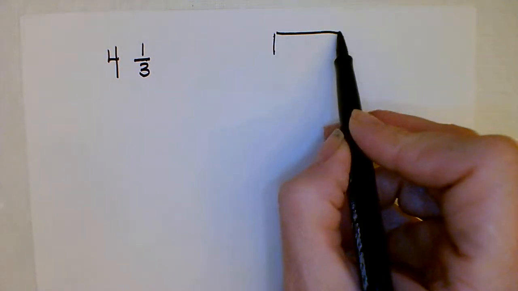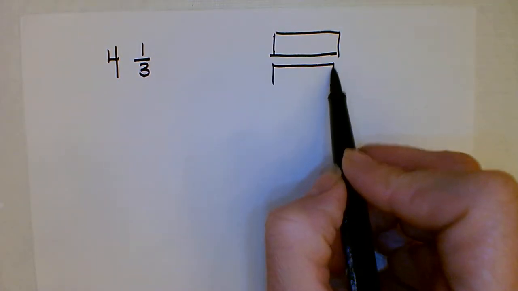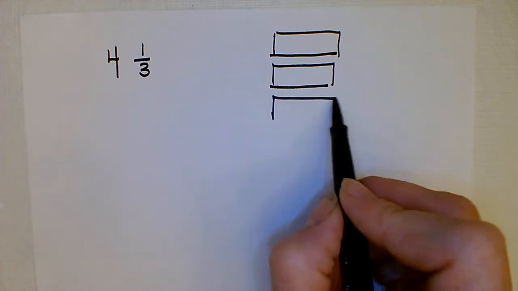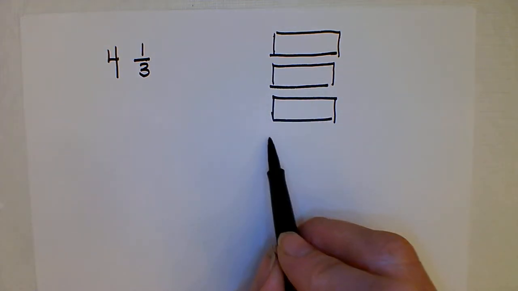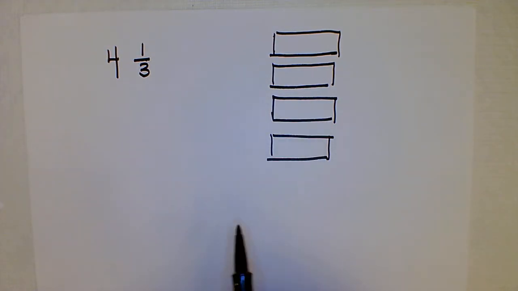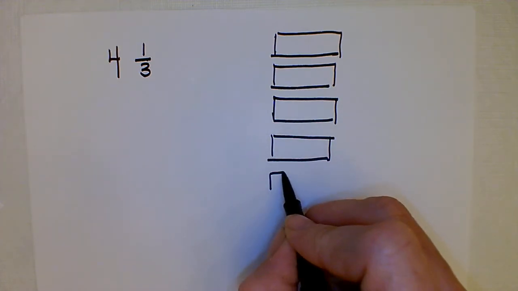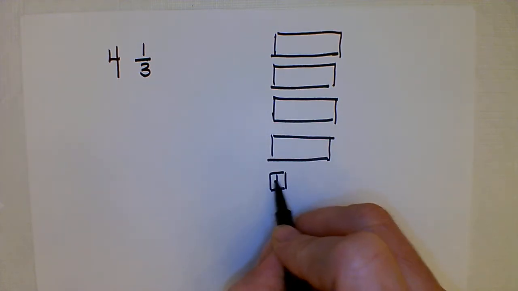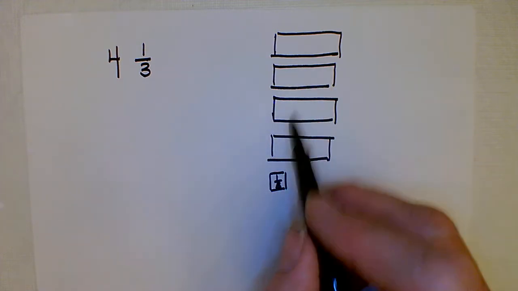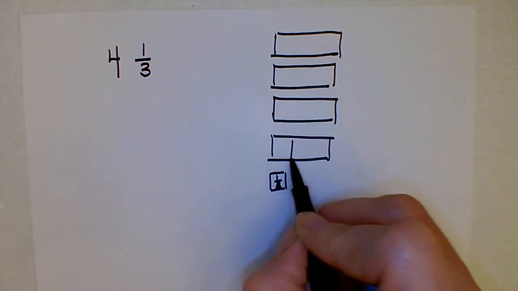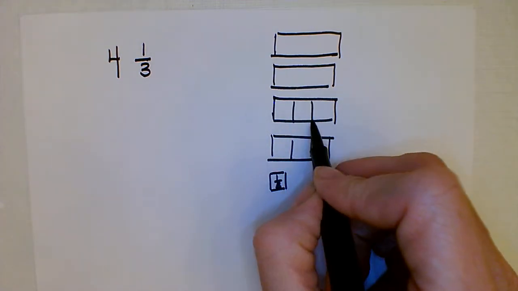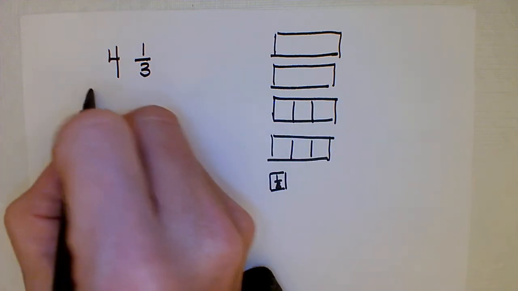So I could think of it like this. I have 4 wholes, and I know I'm pulling them all apart instead of putting them in one tape diagram. So I have 4 wholes, and I want to turn them into thirds. I also have a third right here, so that's a third. And these are all equal to 1 whole, and I want to cut them into thirds. So each time I'm cutting them into thirds, I could model it over here.